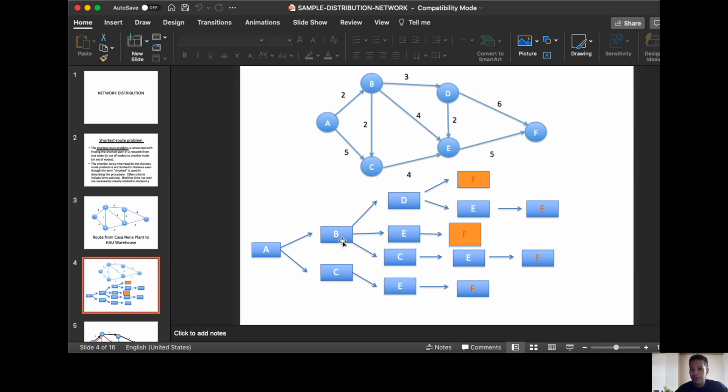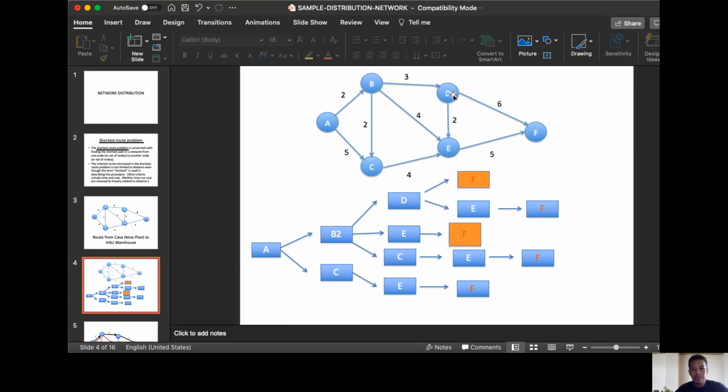For more convenient use of time, I already plotted this one. So how do we do it? For example, let's take the route of B. From Casa Nena going to B, that's 2 kilometers, let's say. So we'll just plot 2 here. And then from B, notice it has 3 arrows, meaning there are 3 possible routes. Let's compute the distance.